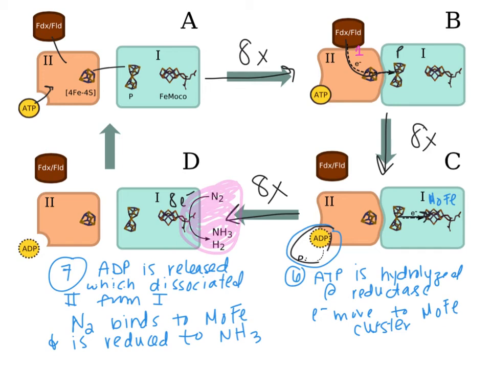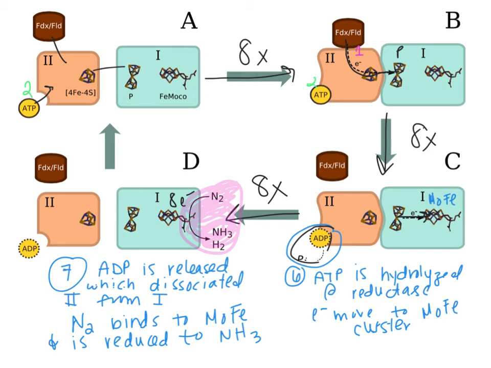Now, if you're trying to count on your ATP, you're going to realize that you're short by 8 ATPs, because right now we're only showing one ATP going through every single round. And that's not entirely accurate because the reductase does bind 2 ATPs every single time.